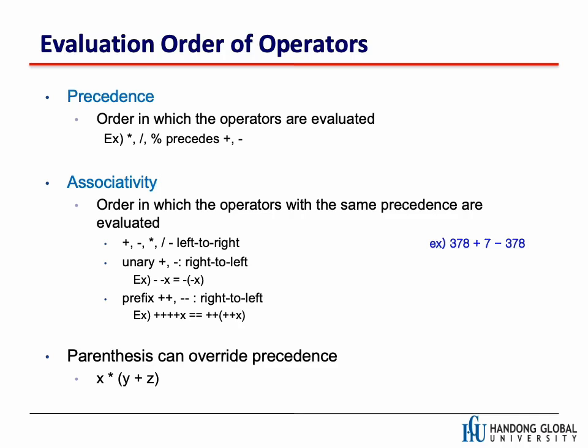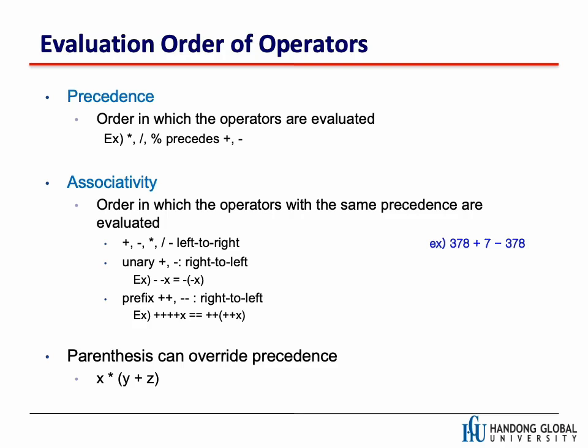So when we have 3 plus 2 times 5, we have to multiply 2 and 5 first, and then we will add 3. We will multiply first because it precedes the plus operator. That's what precedence says.